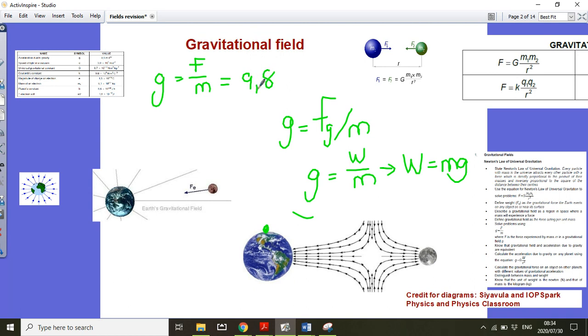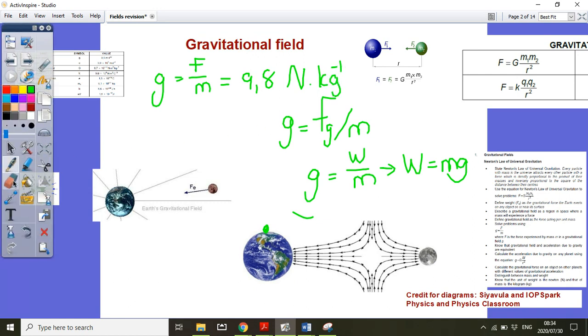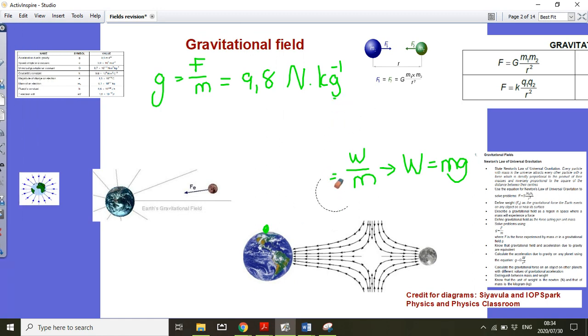Now, please, if you are in fields, use the correct units because it's force per unit mass. So it means it's newtons per kilogram because we are dealing with fields. It's the field strength. So you show that you know your definitions.